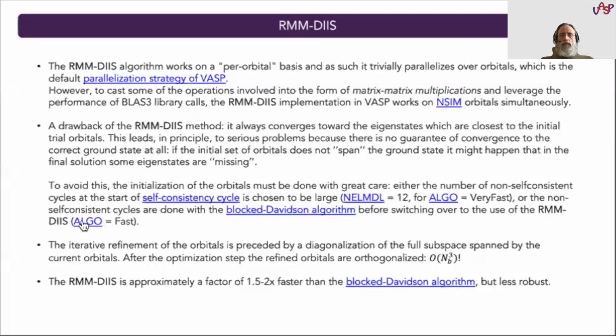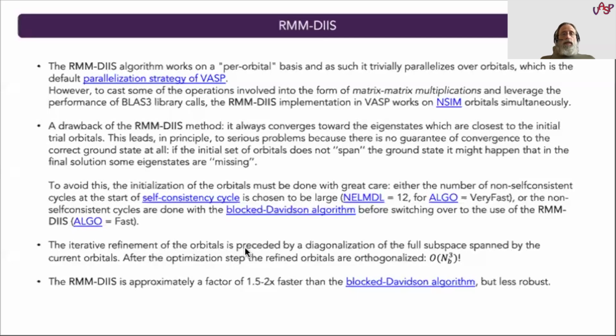That is what you get when you use algo is fast. If you use algo is very fast, you use RMM-DIIS all the way, so starting from the random numbers. But then we do quite a few non-self-consistent iterations before the mixer kicks in. And I will show you a little bit later what that means.